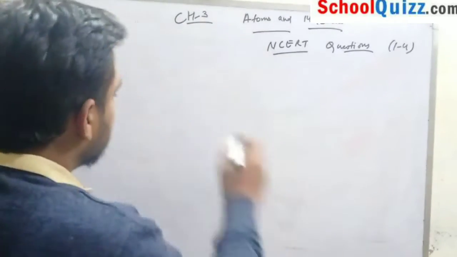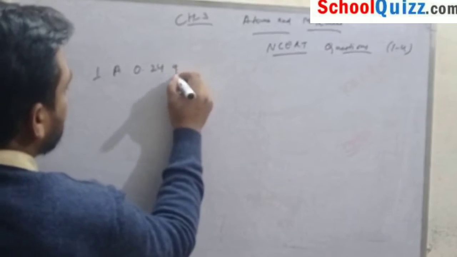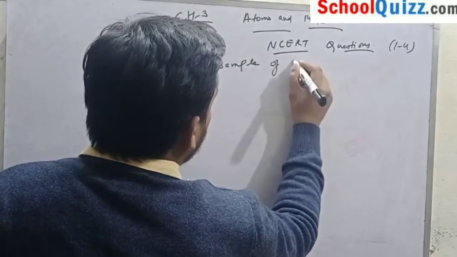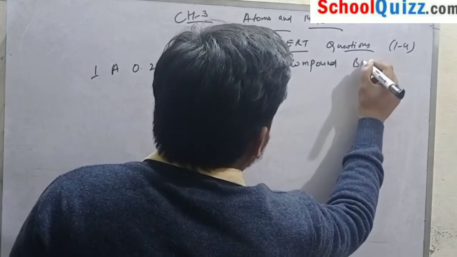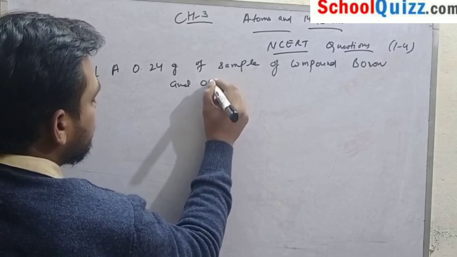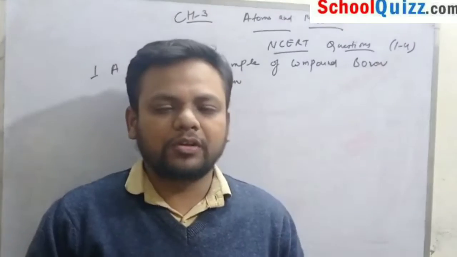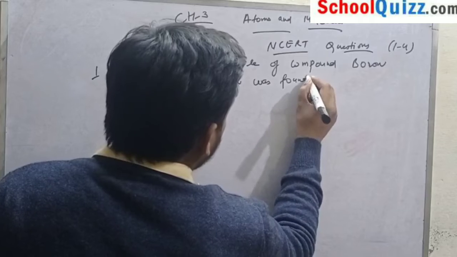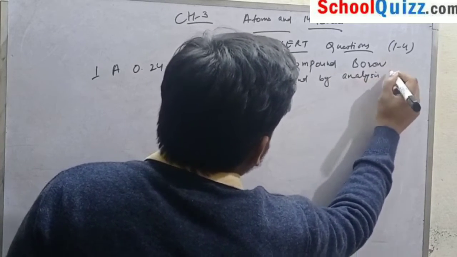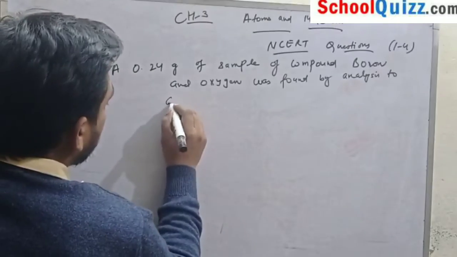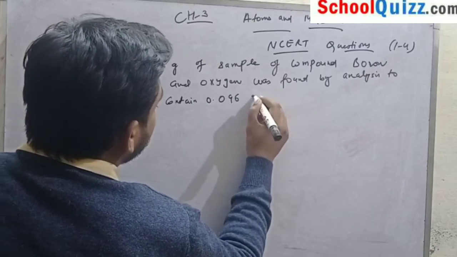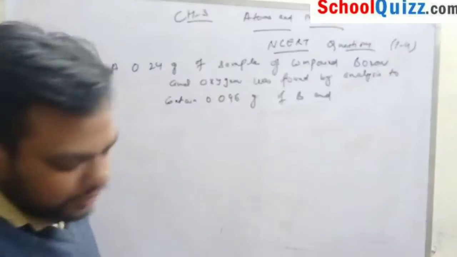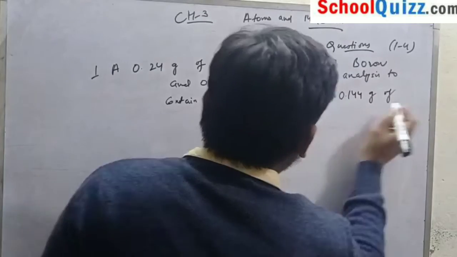So the first question is: a 0.24 gram sample of a compound of boron and oxygen was found by analysis to contain 0.096 gram of boron and 0.144 gram of oxygen.